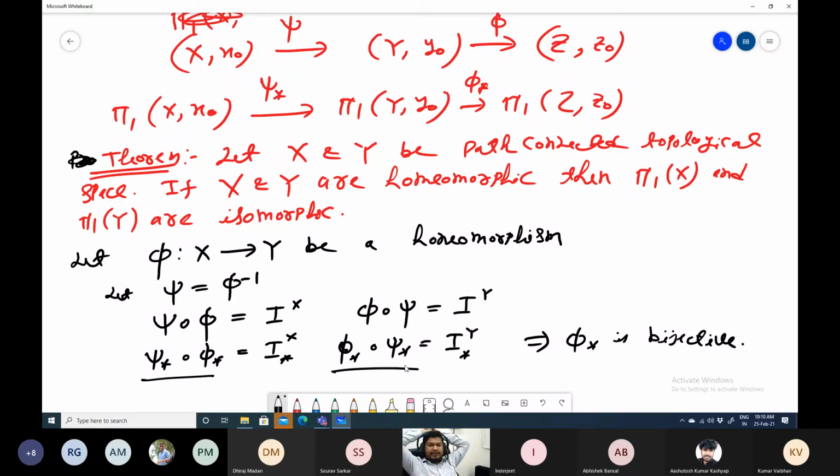Since phi star is bijective and we know it is already a homomorphism, phi star is an isomorphism. So this is done. Now we actually prove one important thing.